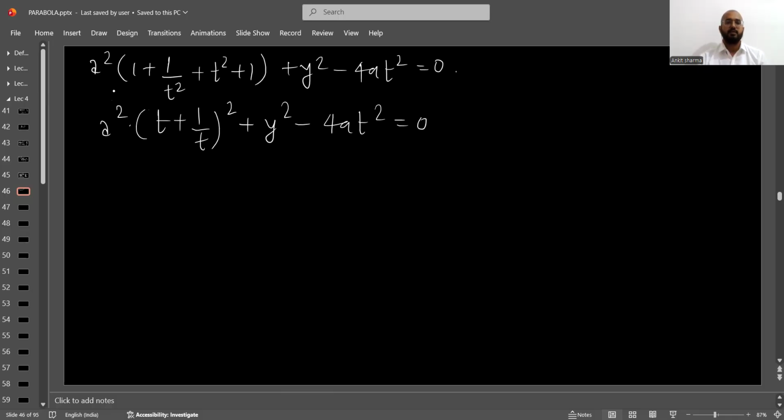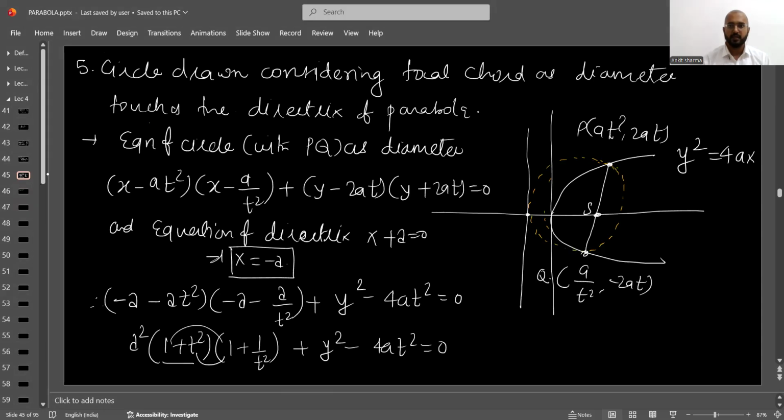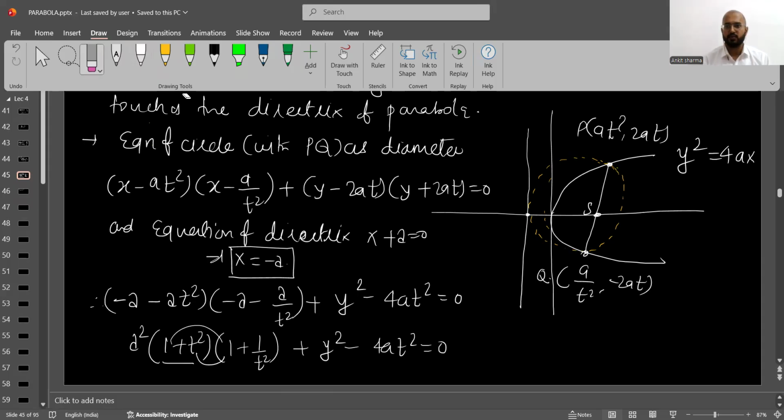Now this could be written further as a square. Wait a moment, this is not turning into a perfect square. Oh, here there is a problem. This should be 2a over t.